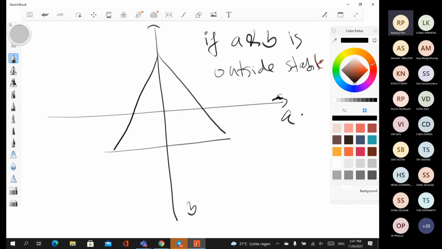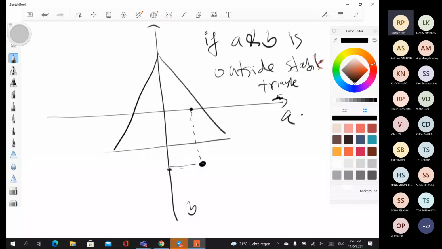For example, if A equals this one and B equals this one, when we make the combination, our point is outside the stable triangle. So this coefficient can be used.